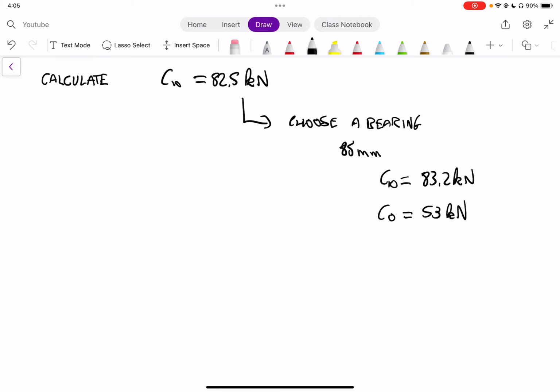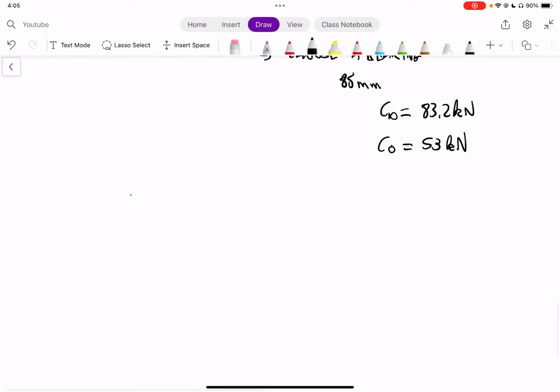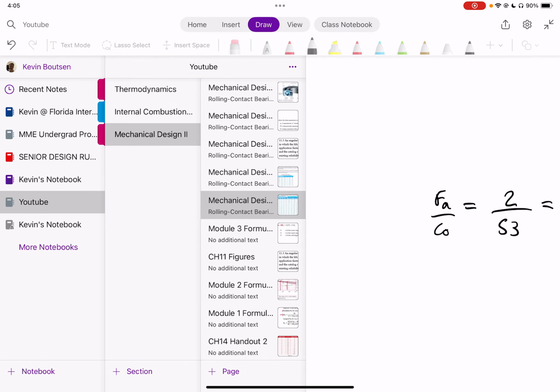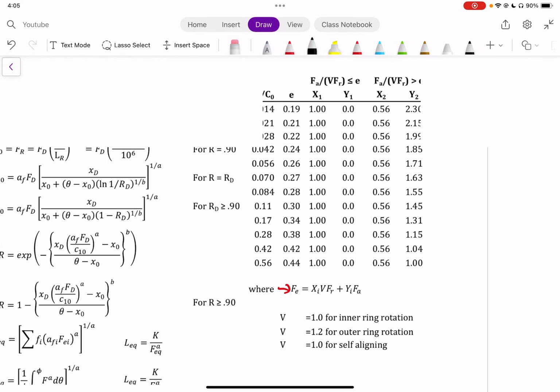And then we're able to find an FA over C0. So we can write that FA over C0 is 2 over 53, which is going to be equal to 0.038. And if we go to our table, we can now find an E value equivalent to that 0.038.